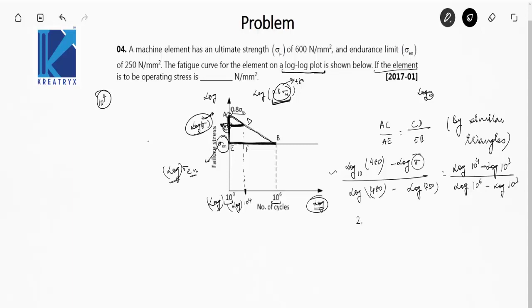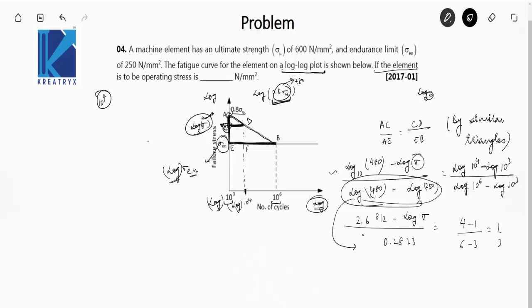So this is 2.6812 minus log sigma, upon the difference of this value, which is 0.2833. Just match the values if you solve this question. This is 4 minus 3 upon 6 minus 3, that is 1 by 3.